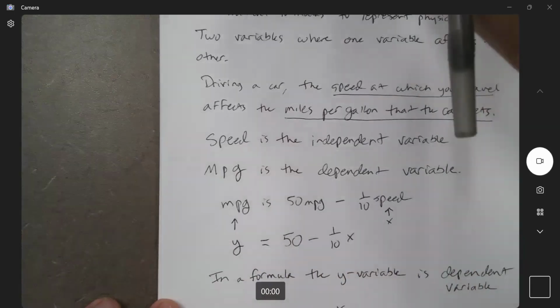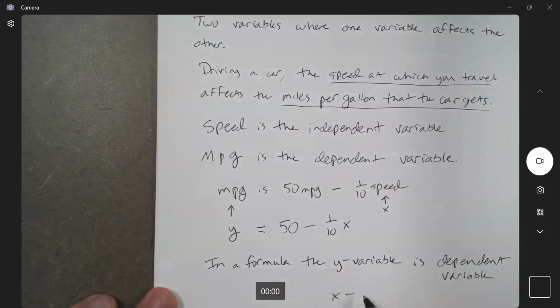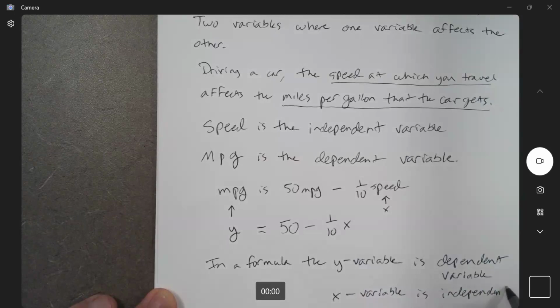The x variable is the independent variable.